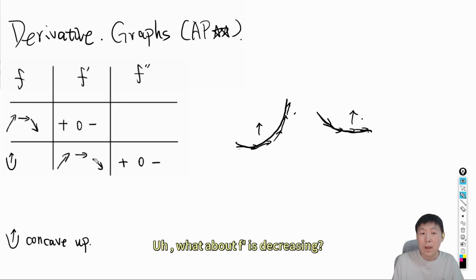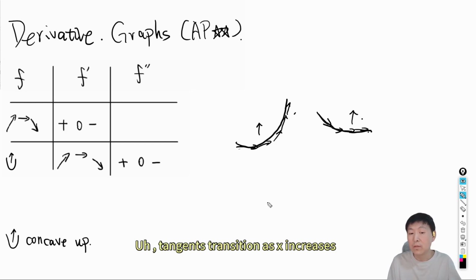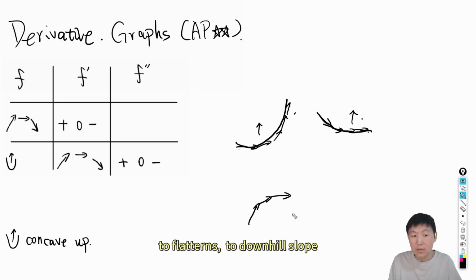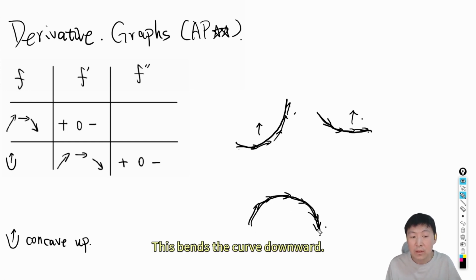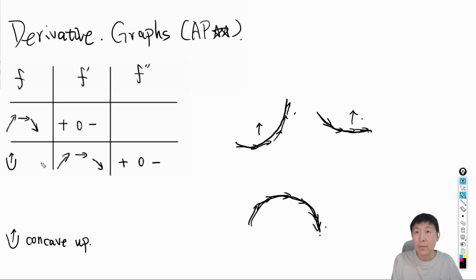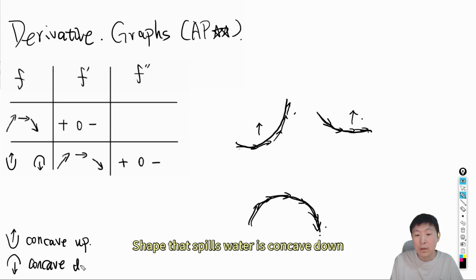What about when f prime is decreasing? Tangents transition as x increases from uphill slope to flat to downhill slope. This bends the curve downward. We call this concave down. The shape that spills water is concave down.